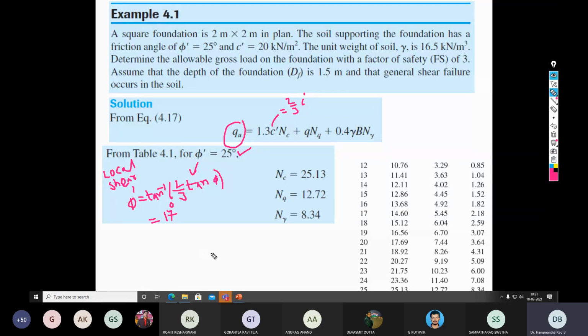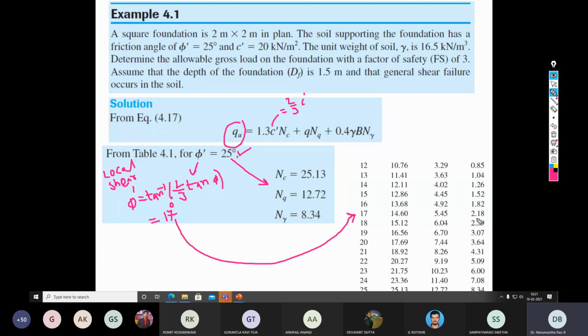Earlier we took NC, NQ, N gamma corresponding to 25 degrees. Now the NC, NQ, N gamma shall be taken for 17 degrees for local shear. See the difference: when I take 25, NC is 25, NQ is 12, and N gamma is 8. But when I take 17, NC is 14, NQ is 5, and N gamma is 2. So almost 2/3 reduction in the values.